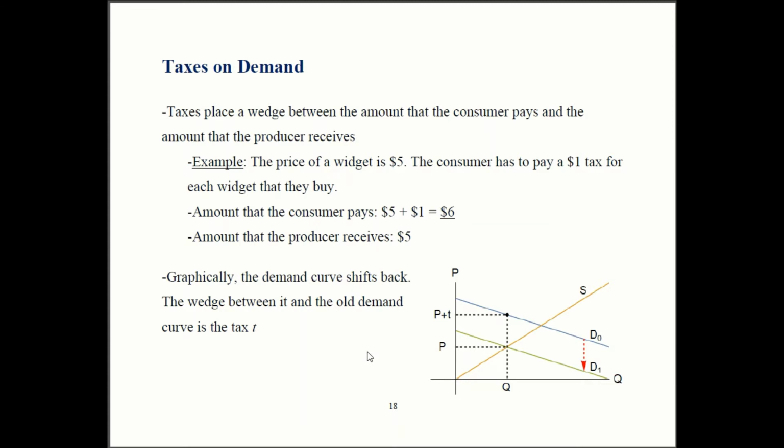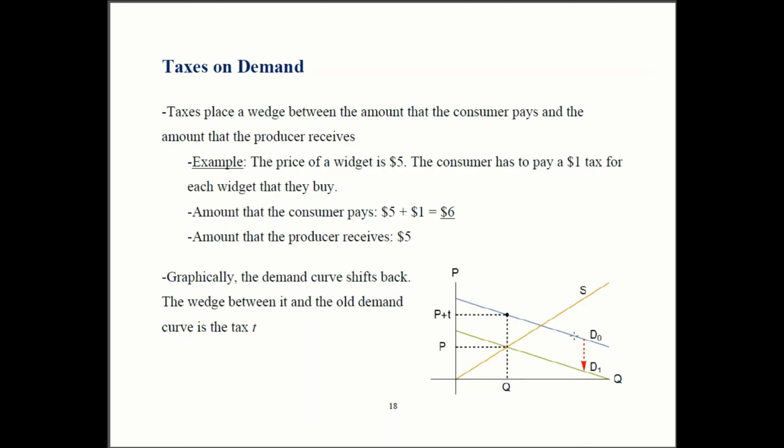So this affects the graph. We have supply and demand. Looking at a tax on demand, supply is going to be the same supply curve it was before. D0 is the original demand, the demand curve when there is no tax in place.